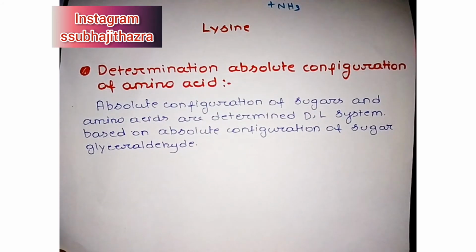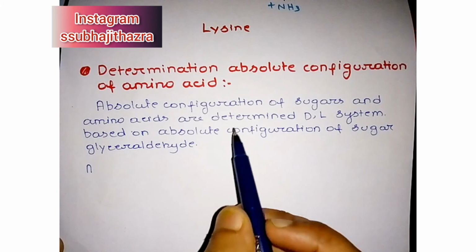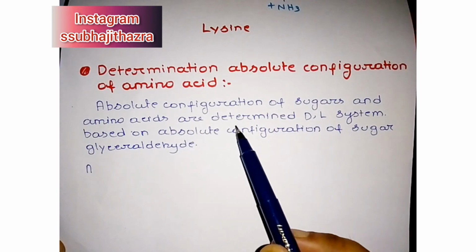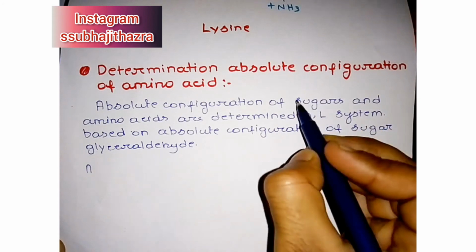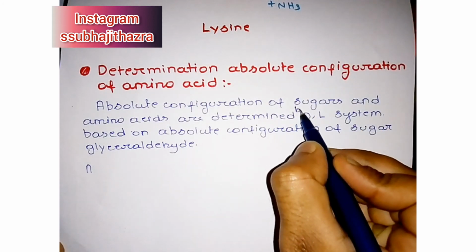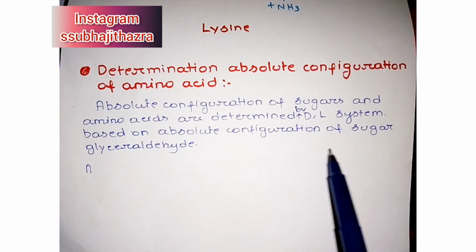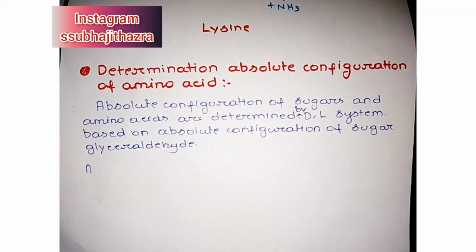So absolute configurations of sugars and amino acids are determined by the DL system based on the absolute configuration of the sugar glyceraldehyde, which is a 3 carbon sugar.